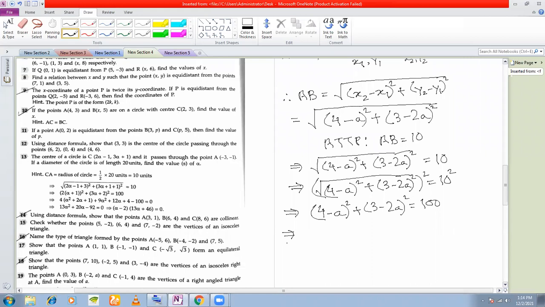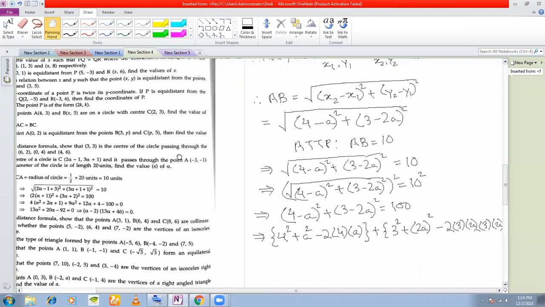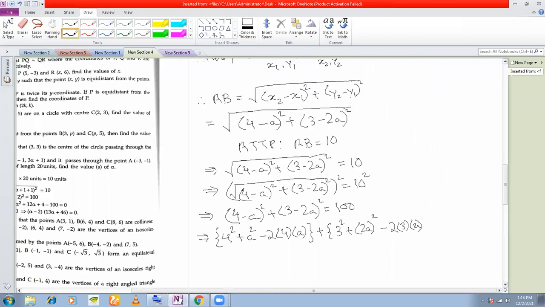Now (4 minus a) whole square, you expand by the (a minus b) whole square formula. So you get a square plus b square minus 2ab. And for the second one, you have a square plus b square minus 2ab. 3 into 2a, this is fine.